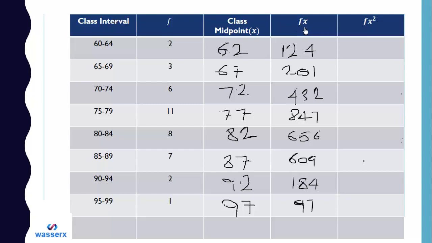Next, there is x here, and we multiply this column and this column to obtain fx squared. So 62 by 124 will give us 7688. Same process for all.